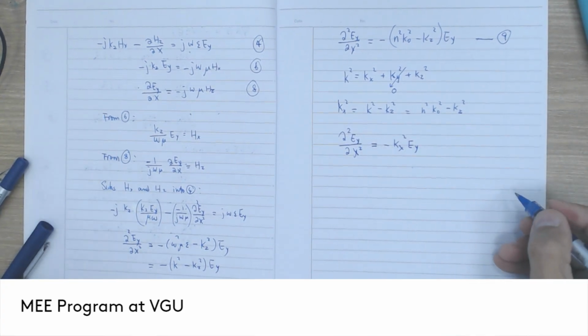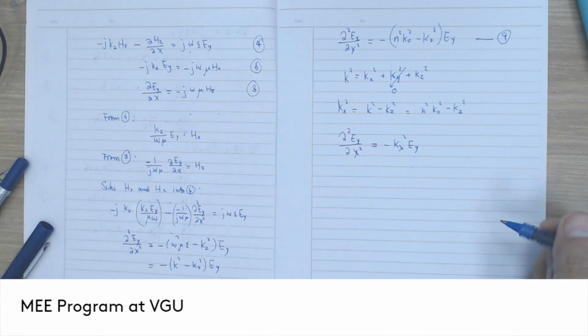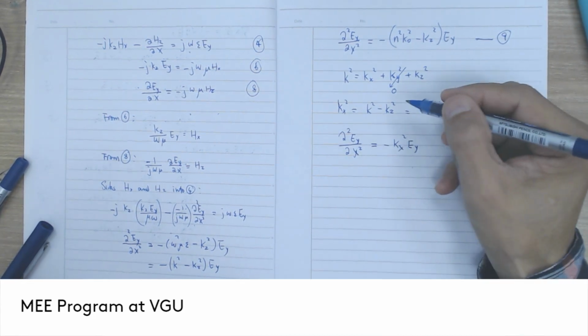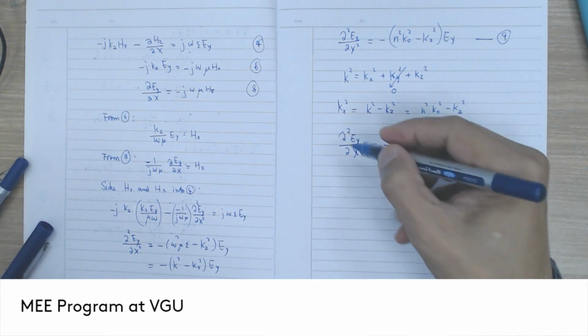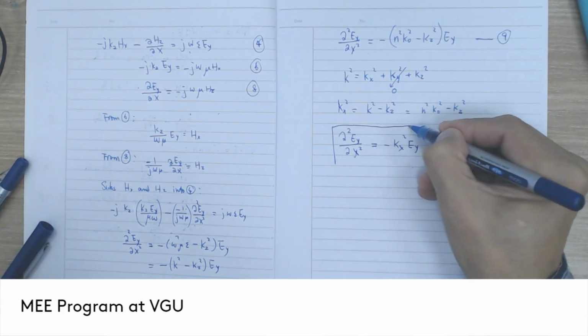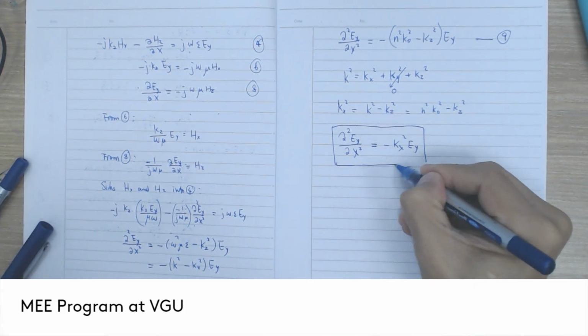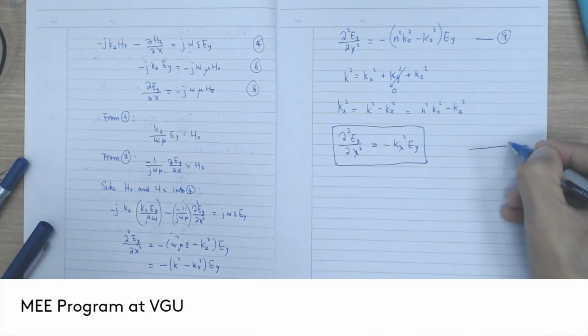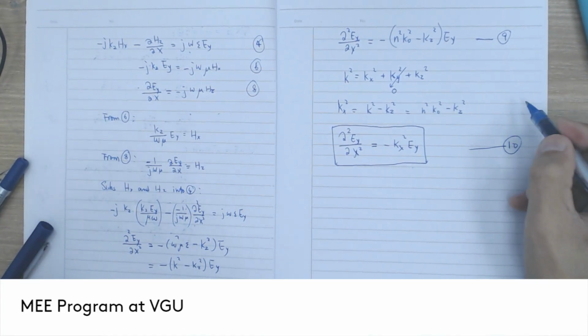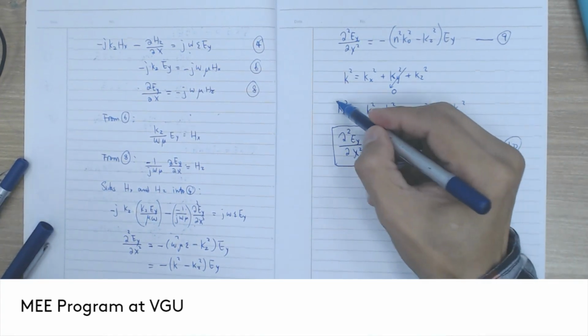So this is the governing equation, the main governing equation for the solution. So these are the main one. So this is equation 10. And other thing is like this.